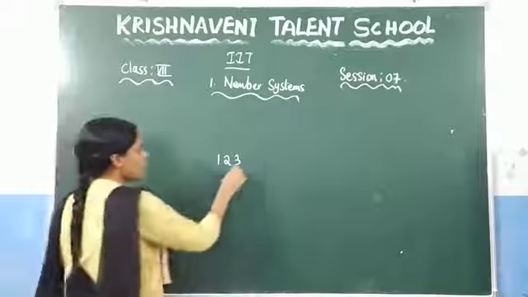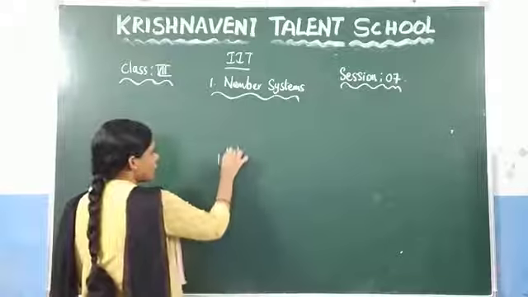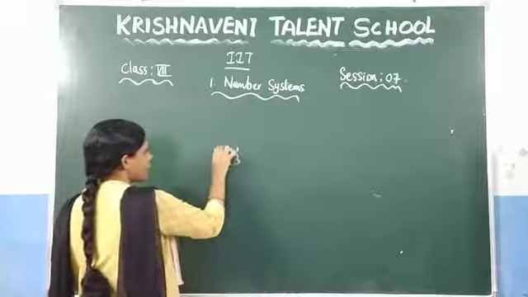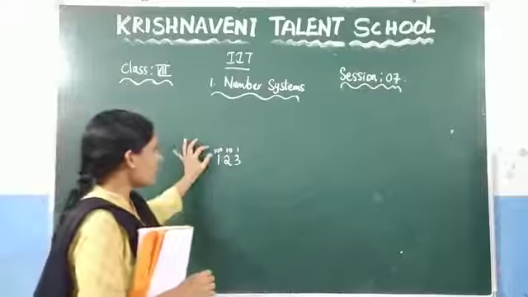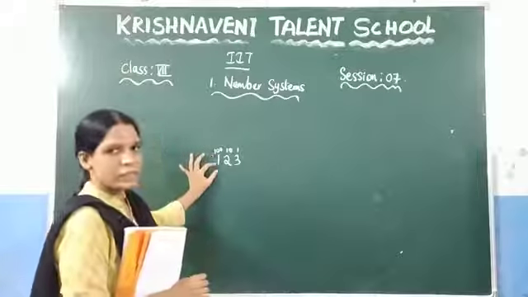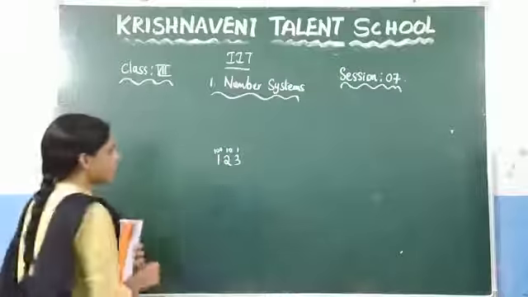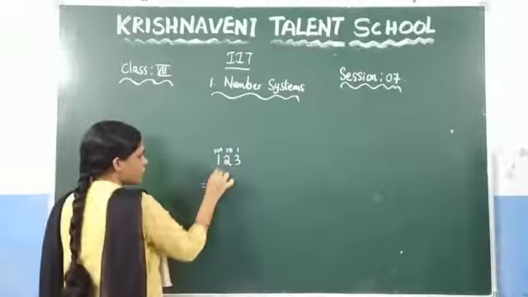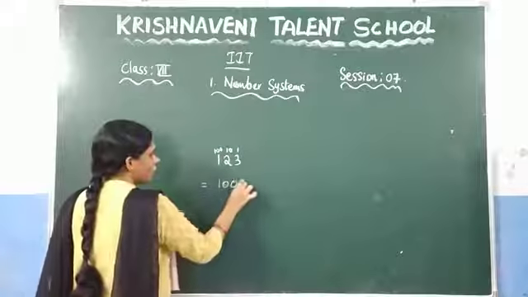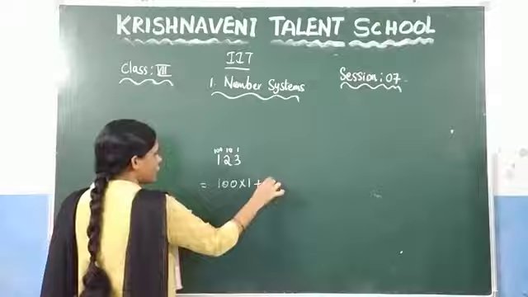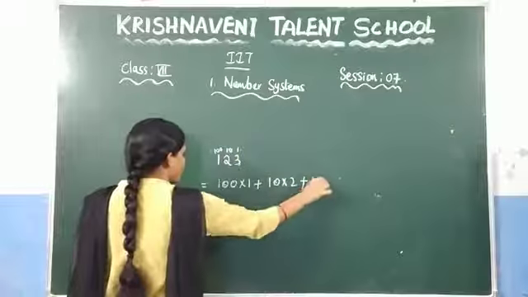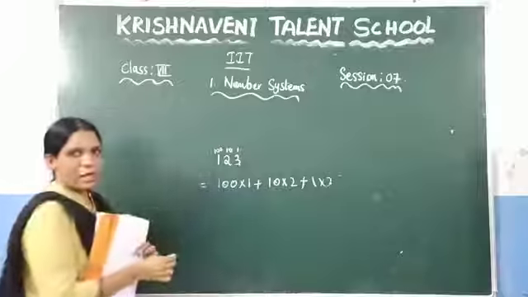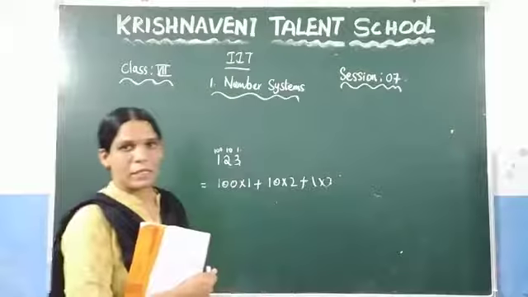This is the ones place, this is the tens place, and this is the hundreds place. So you can write this as 100 into 1 plus 10 into 2 plus 1 into 3. Like that we expand a given number.